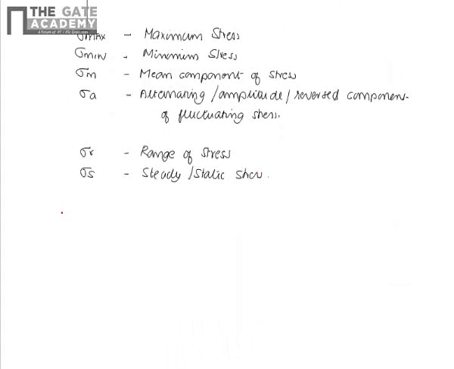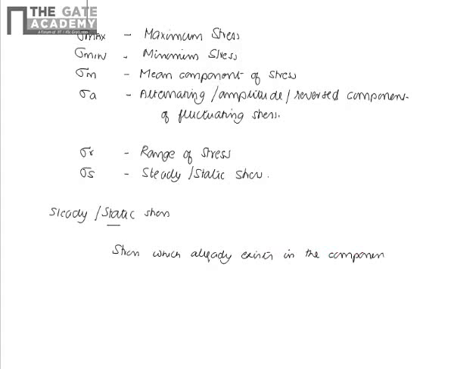So the steady or static stress is nothing but the stress which already exists in the body or exists in the component. This is something like the preload in the component.